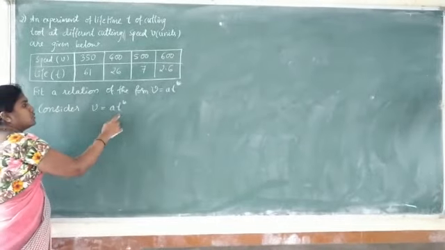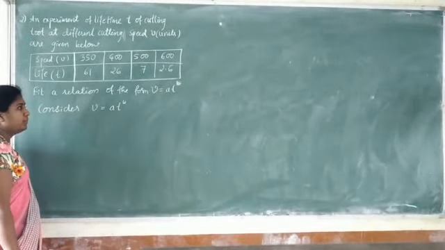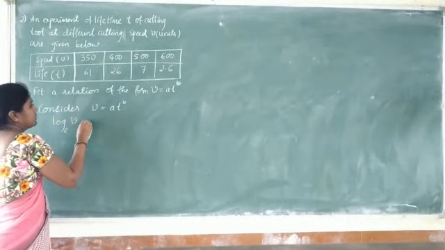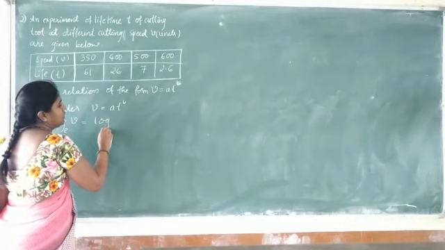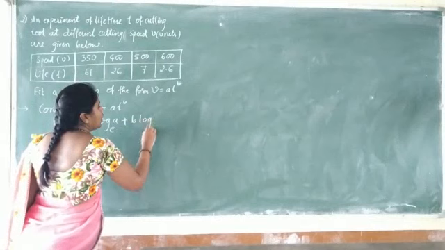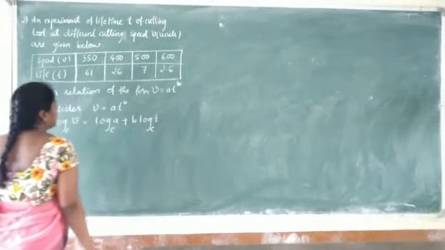Consider v equals a t raised to b. Apply log on both sides. Log v to the base e equals log a to the base e plus b log t to the base e.